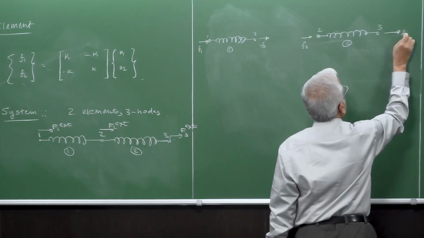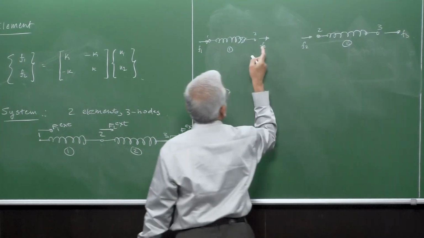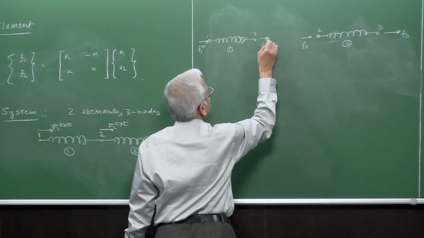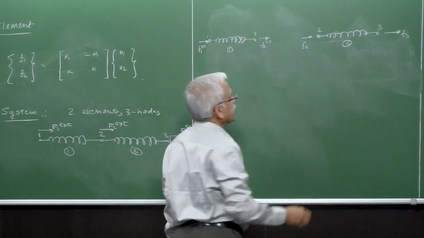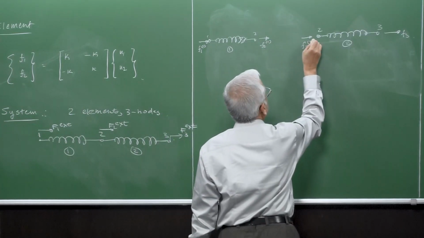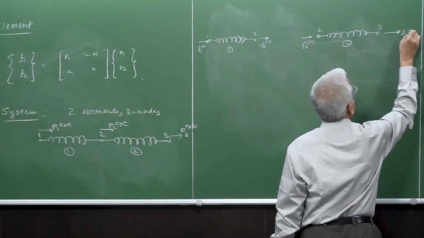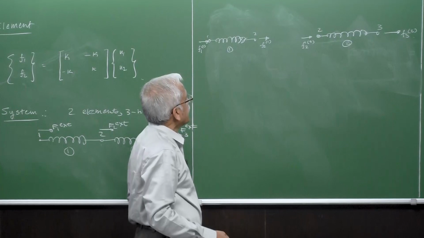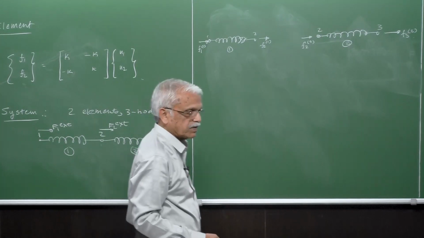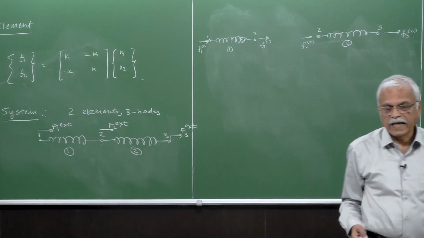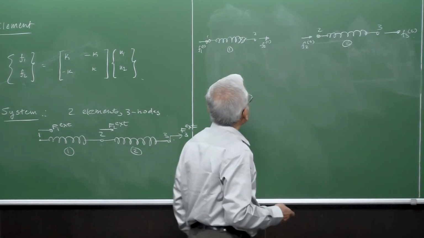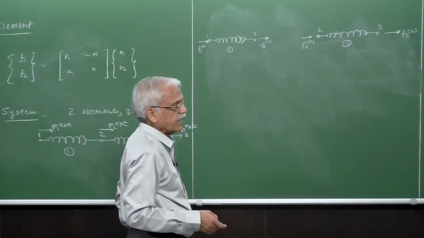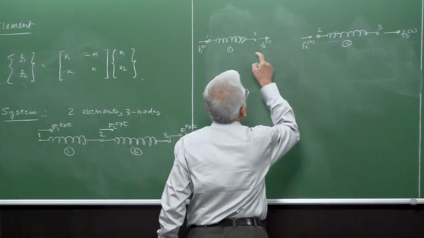F2 is repeated: F1 and F2 from element 1, and F2 and F3 on element 2. So these are the basic forces on the element. Apart from this, we also have external forces. So how do we combine them?